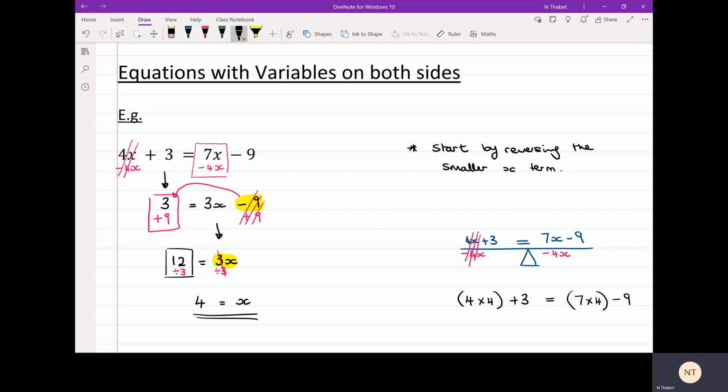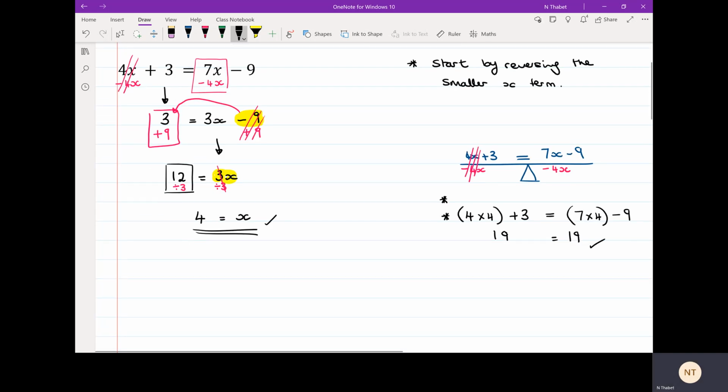So that is 4 times 4 is 16, plus 3 is 19. And 7 times 4 is 28, and take away 9 is 19. So I know that I've done it correctly. You don't need to do this but you can to check if you're not sure if your answer is correct or not.